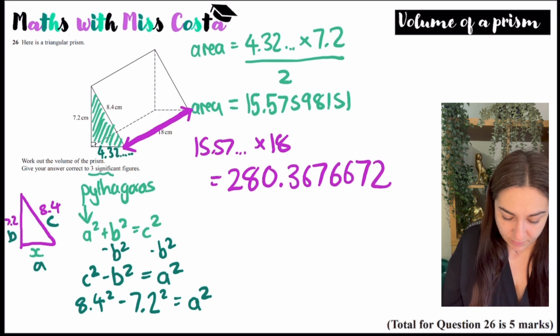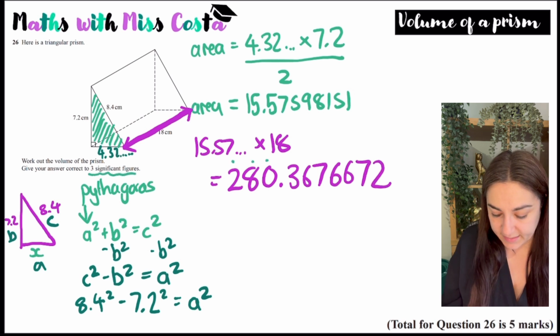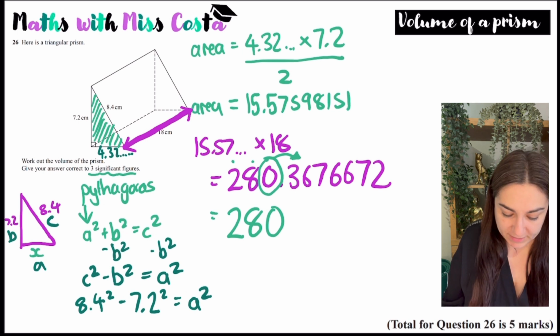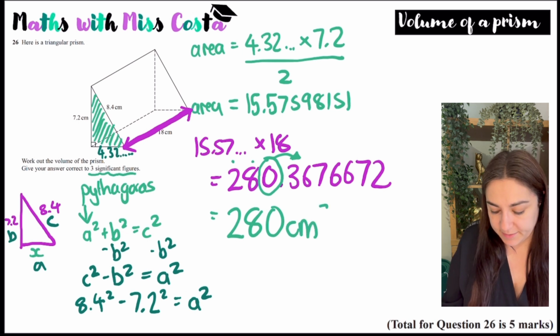And it says, give your answer correct to 3 significant figures. So 1, 2, 3. This is the third significant figure. I look next door. 3 is less than 4, so I know I'm rounding down. So that would be 280, and it's going to be centimeters cubed because it's a volume.